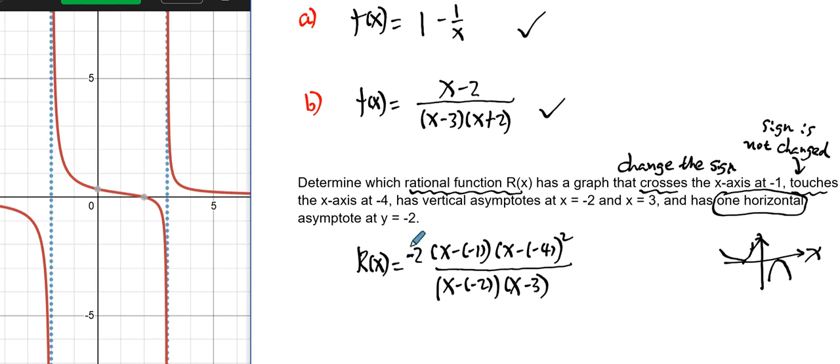Okay. Then here upstairs is degree 3. After you multiply this one out, you will have degree 2 here and degree 1 here. So upstairs you shall have degree 3.